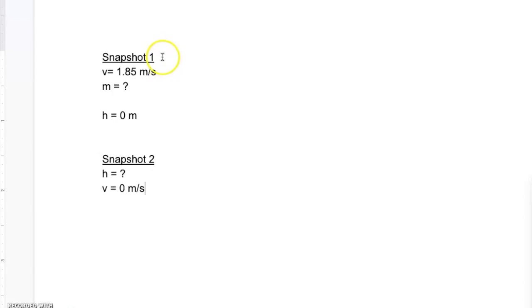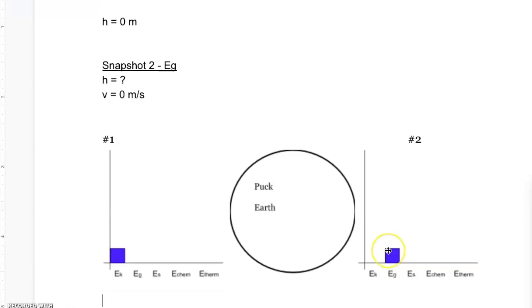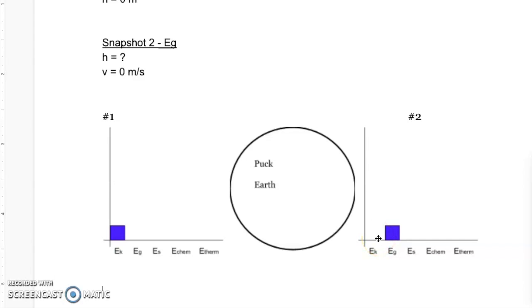But I do know that at its peak, or at its highest point, it is traveling at 0 meters per second. So snapshot 1 is going to be all EK. Snapshot 2 is going to be all EG. If I were going to draw a little diagram, it might look like this, where I have all EK and all EG. So my qualitative conservation is EK equals EG.